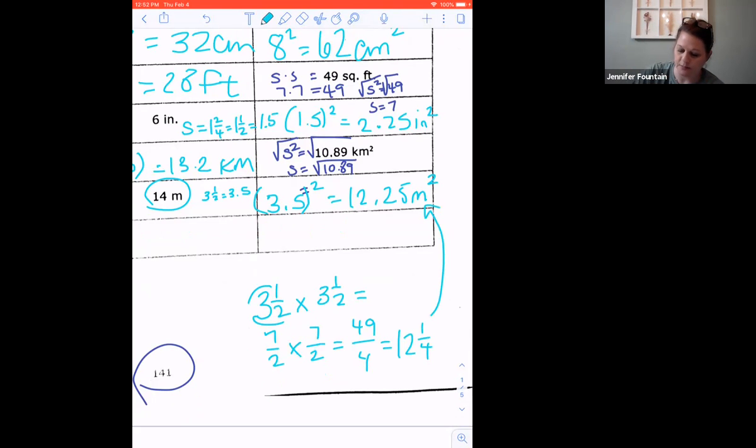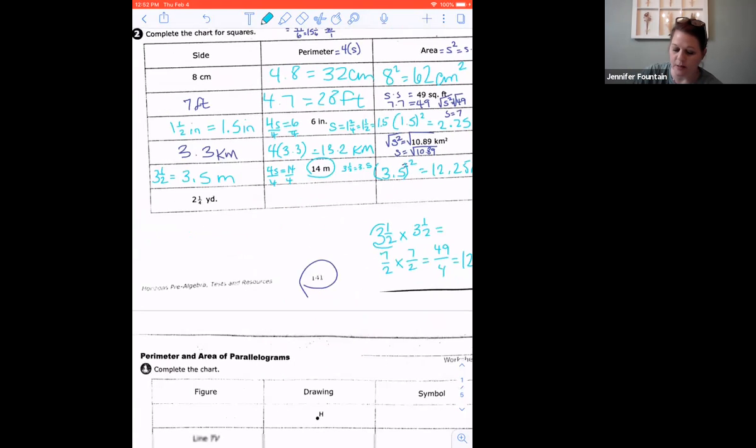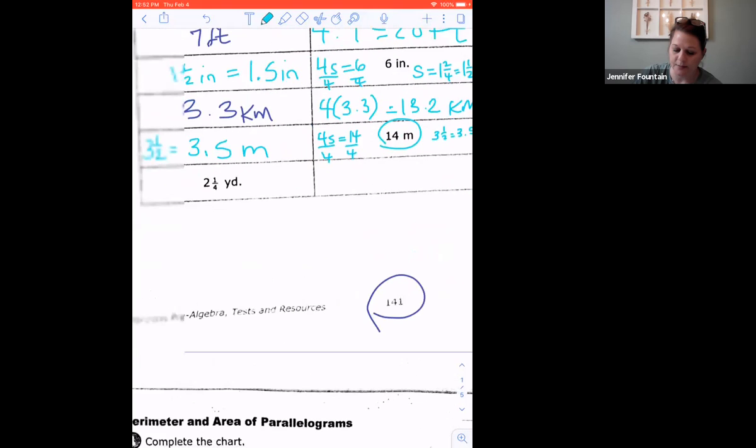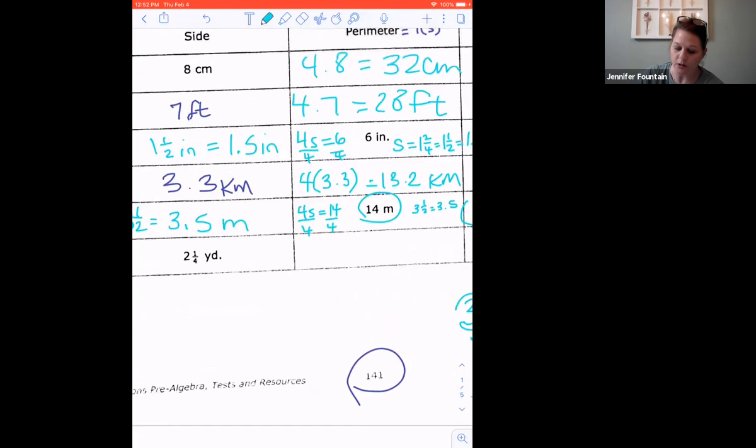And then my last one, they gave me my side, 2 1/4 yards. So when I multiply that times 4, or I could add 2 1/4, 2 1/4, 2 1/4, 2 1/4, when I add those together or multiply by 4, 9 yards.